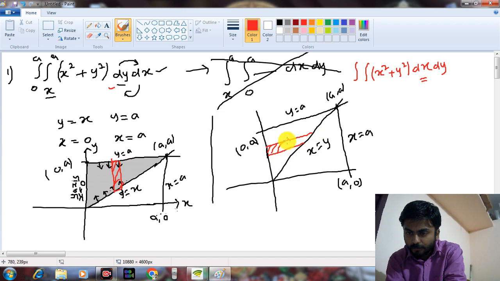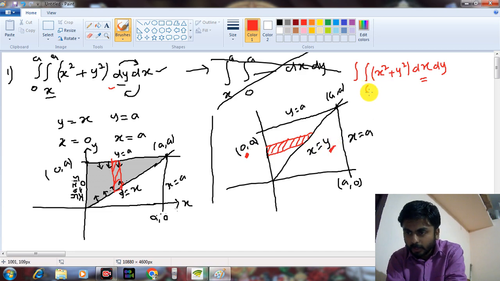So now identify the inner integral operator dx and its limits. Here x equal to 0, and it is varying up to the line x equal to y.